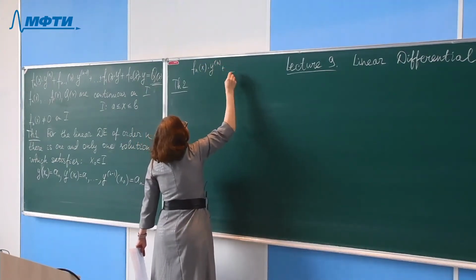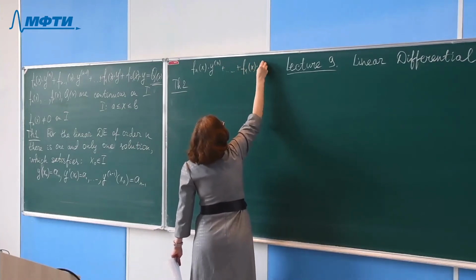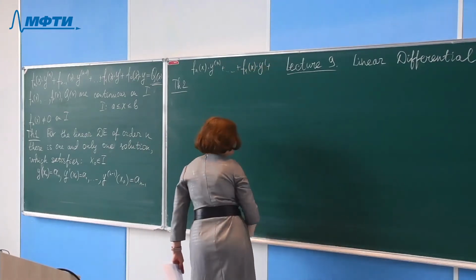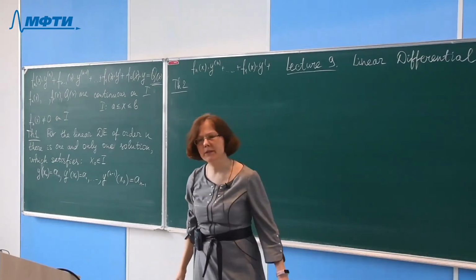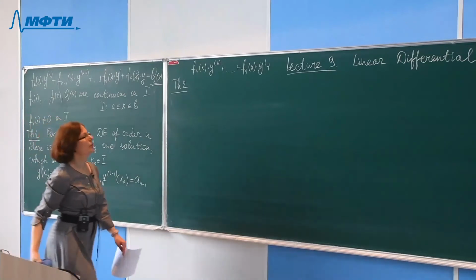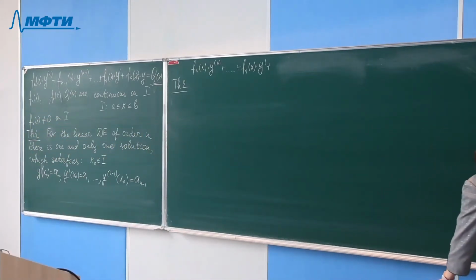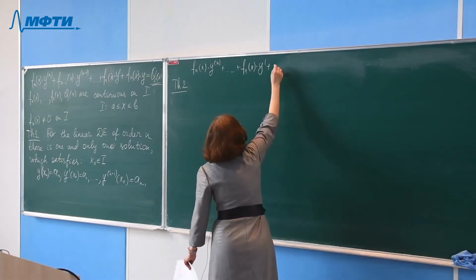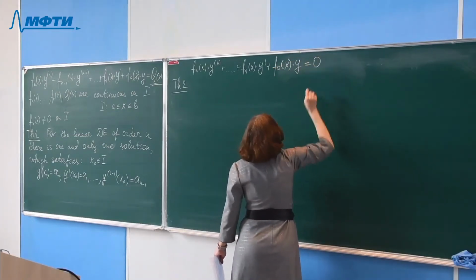The beginning is the same, plus f1 of x times y prime plus ... plus f0 of x times y equals 0.